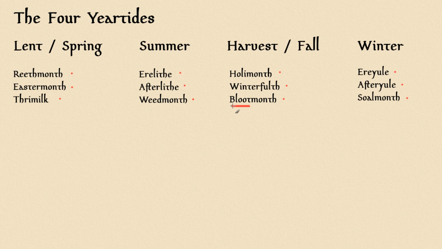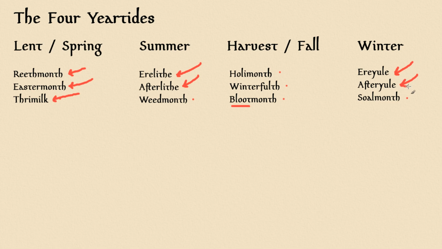I should probably try to explain these names too. Okay, so this one I don't really understand. This one's Easter month, I guess because it has Easter in it. This one is supposedly Thrimilk because you can milk cows 3 times in this month. This is before Lithe. This is after Lithe. Just like this one is before Yule, and this one's after Yule.